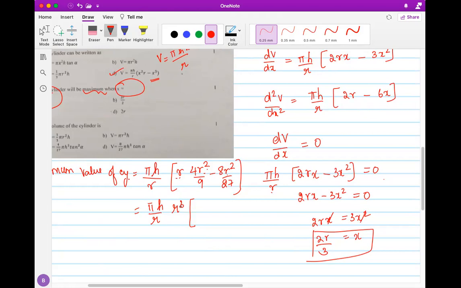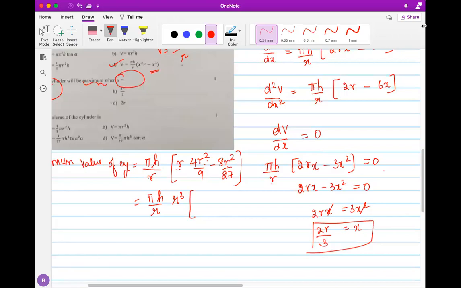So what happens here? This is r cube, so I can take r cube out. So 4 divided by 9 will remain, and 8 by 27. When I take the LCM, I would get 4 by 27.